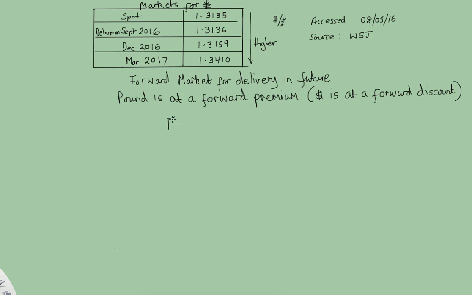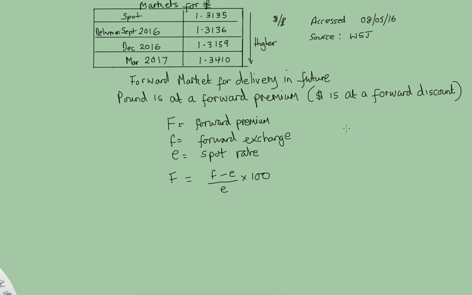So if F is the forward premium, which can be negative of course if it's a discount, small f is the forward exchange rate, and E is the spot rate, F is defined as f minus E, divided by E, and then multiplied by 100 to make it a percentage.